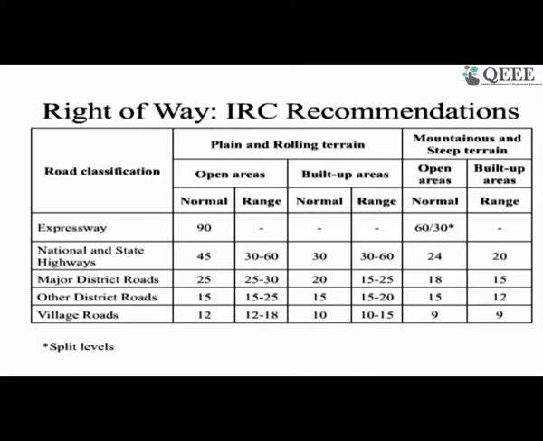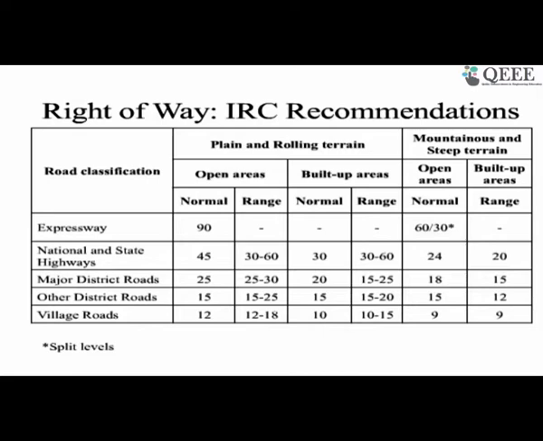For national and state highway, the requirement is less, and there is a range as well. Normally it is going to be 45 meter for national and state highway, but occasionally at some location there could be a pinch point where it can reduce to 30 meter, and it can go as high as 60 meters.